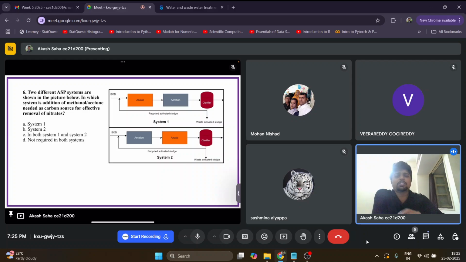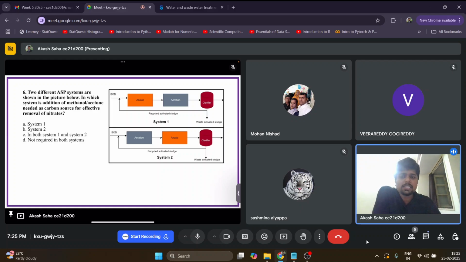Whereas if you see system 1, in the anoxic zone, the wastewater is already coming. So the carbon is already there in the system, right? For denitrification to happen, for the organic carbon to act as an electron donor, the carbon is already present in the wastewater.